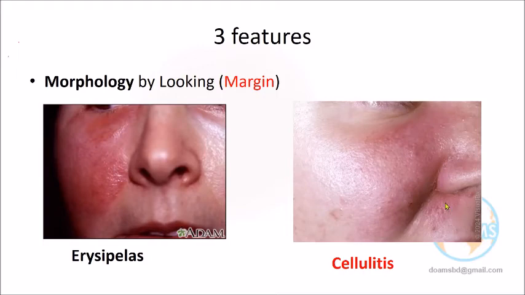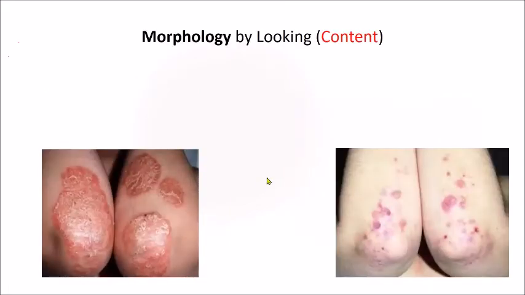Yes, it is called diffuse. The margin is not much clear, not conspicuous. So by looking there, we can say this is erysipelas, this is cellulitis. You know the outcome or prognosis also: this is a superficial infection, this is a deep infection. So the margin is helping.